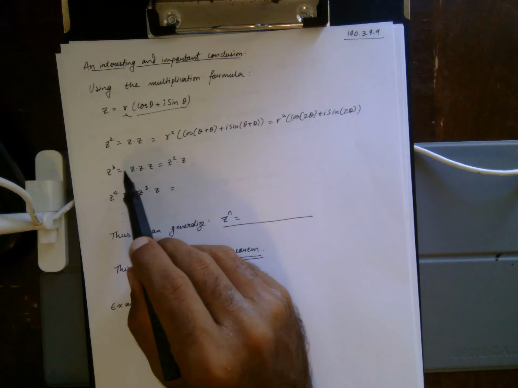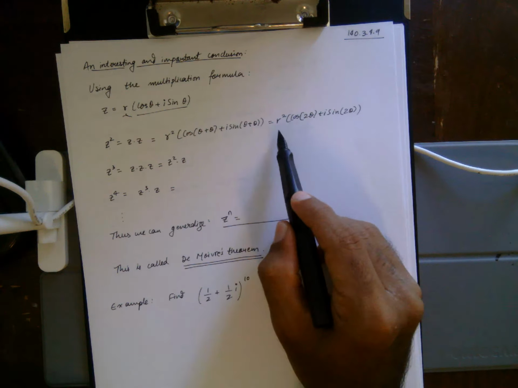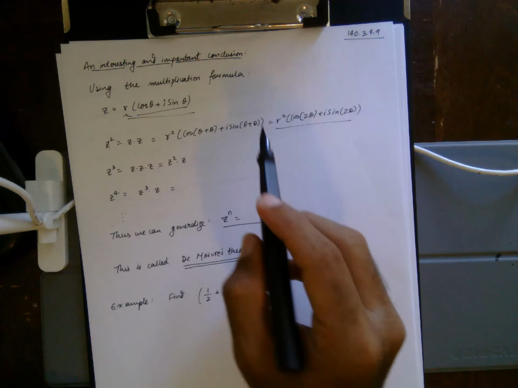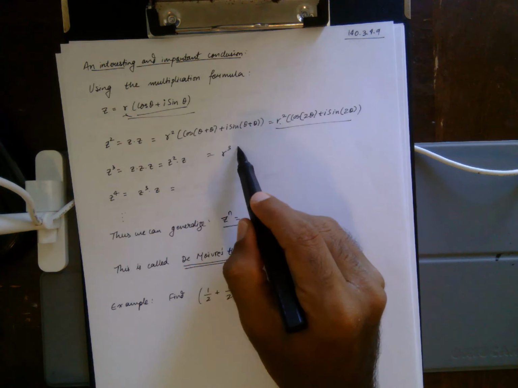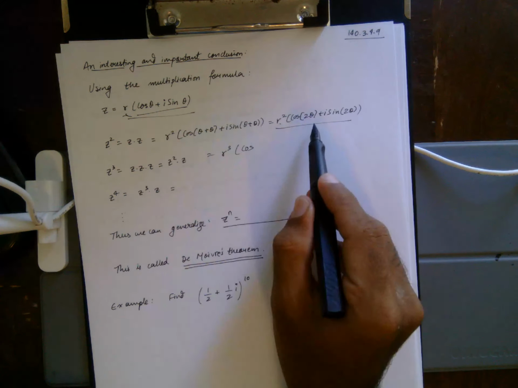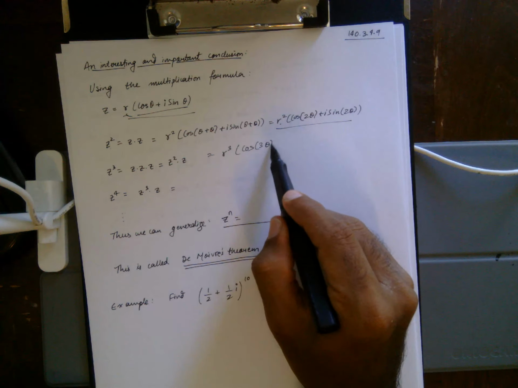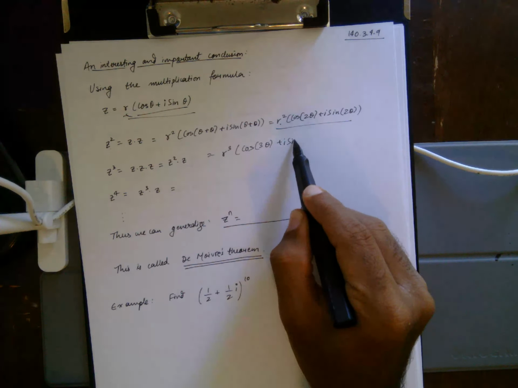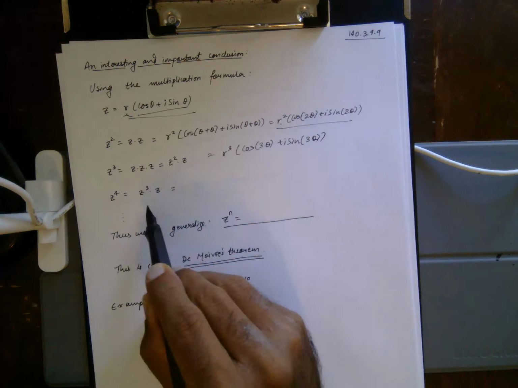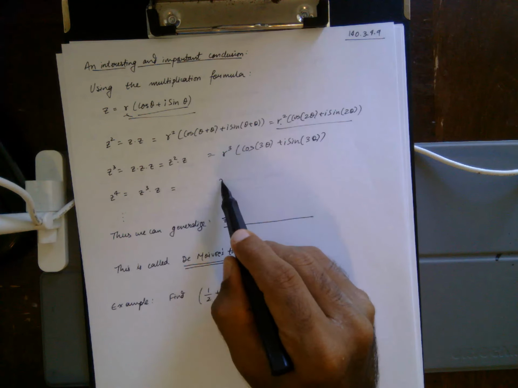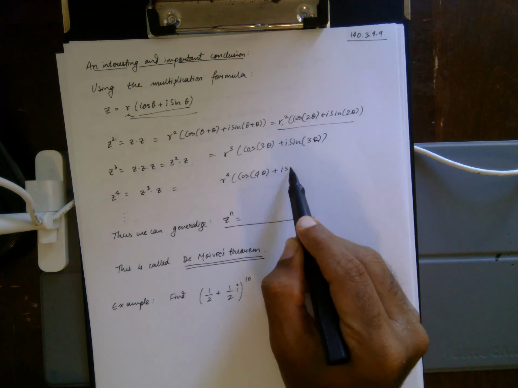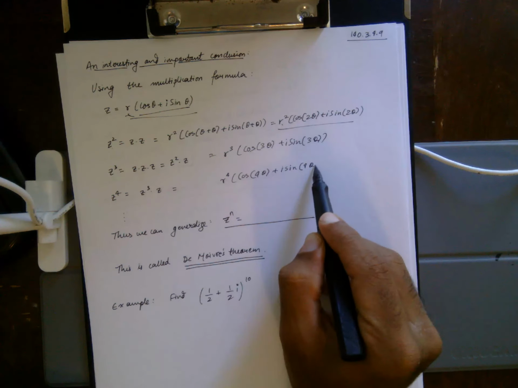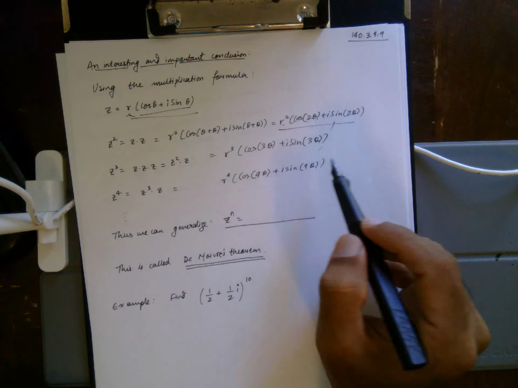Similarly, z cubed would be this result multiplied by this, where the r's multiply to give r cubed and the angles add. So theta plus 2 theta gives me 3 theta: r cubed cosine 3 theta plus i sine 3 theta. Similarly, this is r to the 4 cosine 4 theta plus i sine 4 theta. You can see the pattern and where this goes.